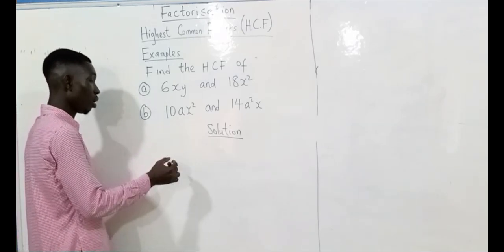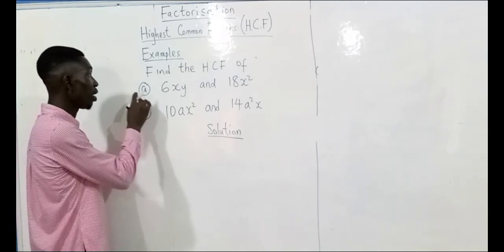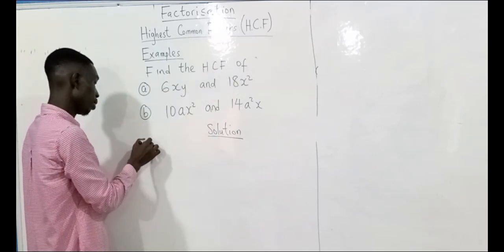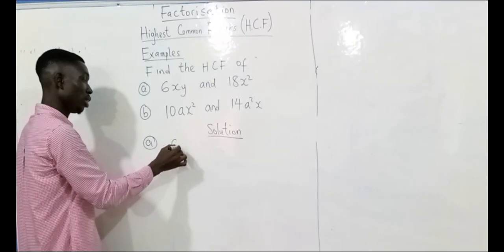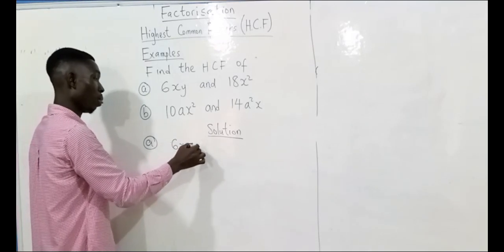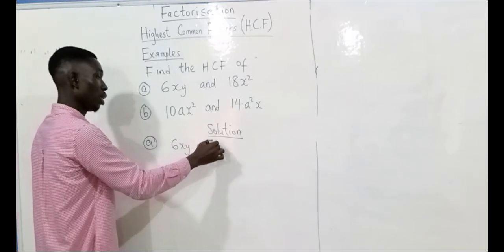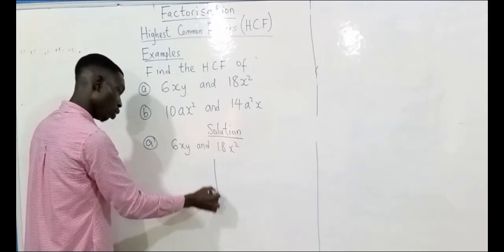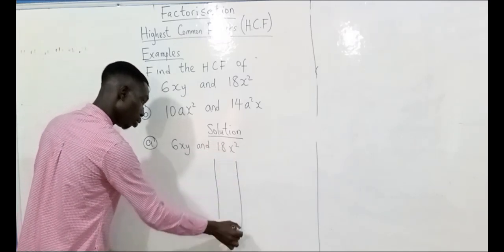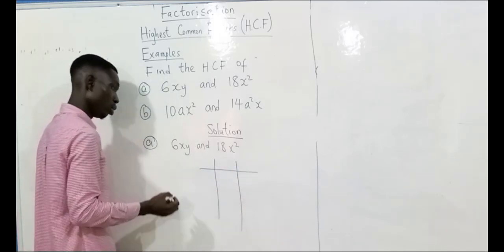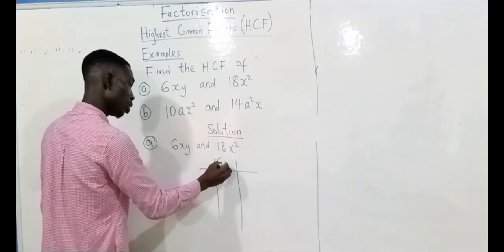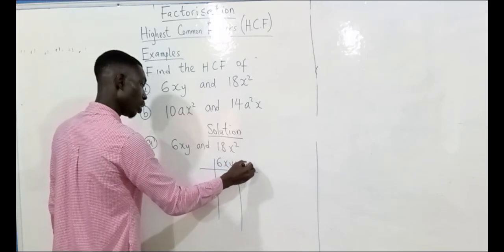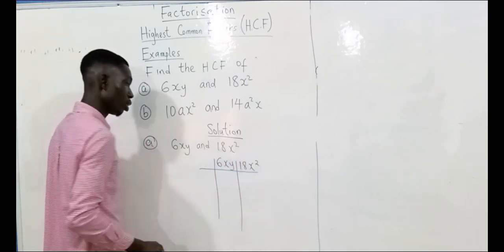So we have the very first example here. It says find the H.C.F of 6xy and 18x squared.